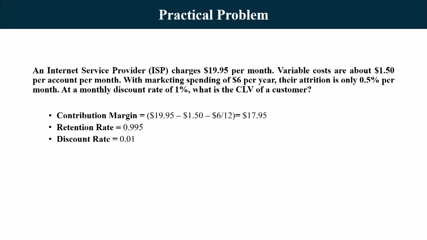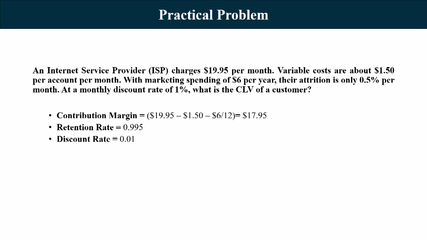The price is $19.95, variable cost is $1.5. So, 19.95 minus 1.5 minus the marketing related cost, $6 divided by 12, because we are calculating month wise.